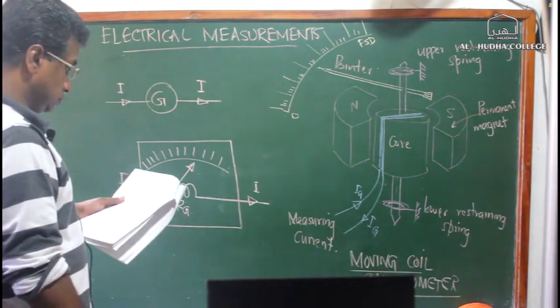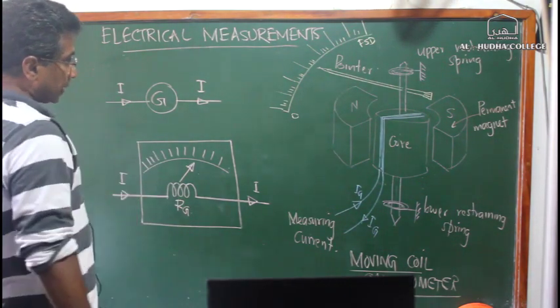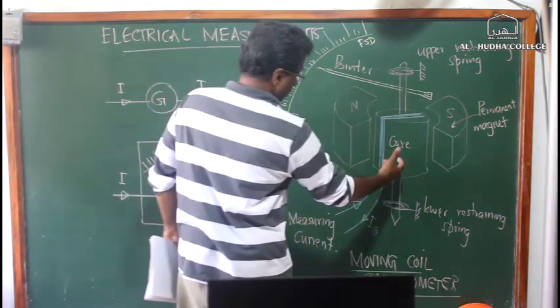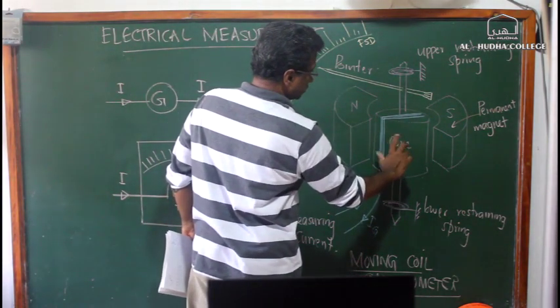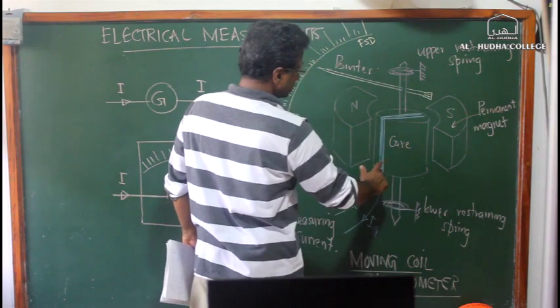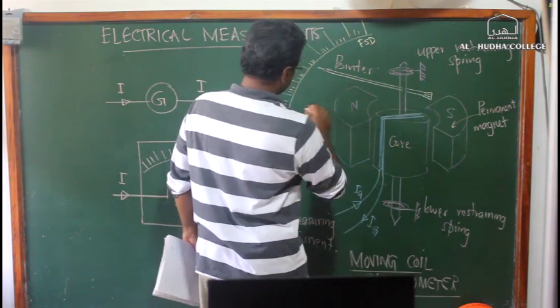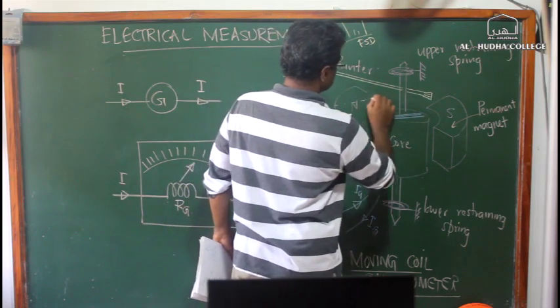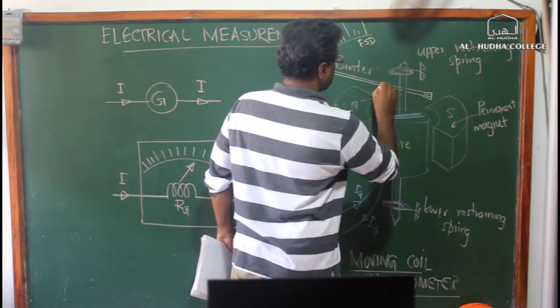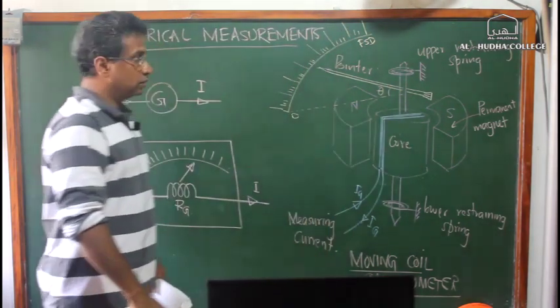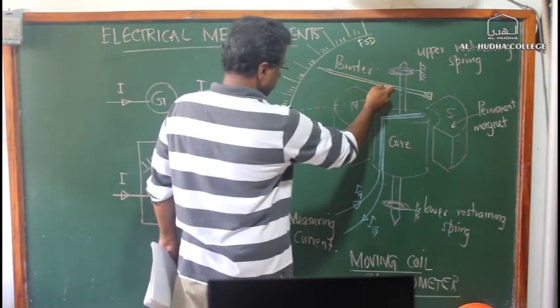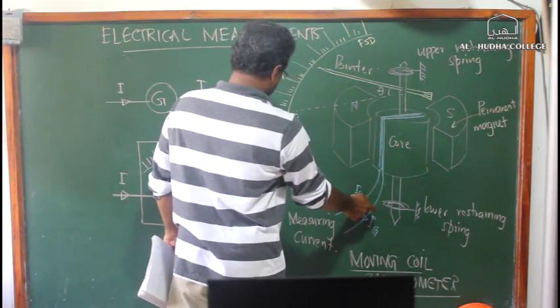So the deflection, or the movement of this rotation of this coil, we call it deflection. So the deflection is represented by an angle theta from say 0 position. This is theta. Now this theta is proportional to the current applied.